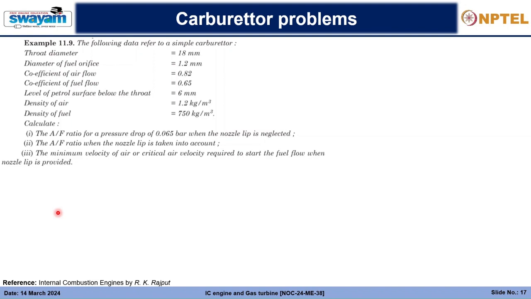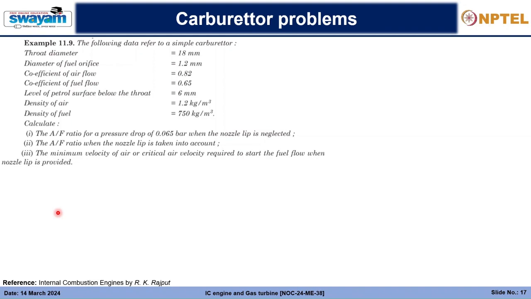Let us come to the next problem. The problem states the following data refer to a simple carburetor. We are given the throat diameter, the diameter of fuel orifice, the coefficient of airflow, the coefficient of fuel flow, that is the coefficient of discharge, the level of petrol surface below the throat, the density of air, and the density of fuel.